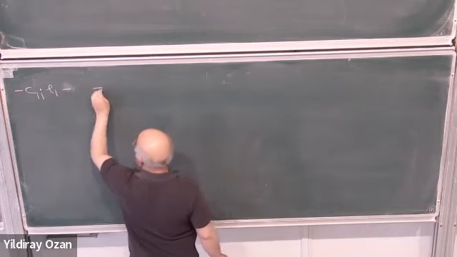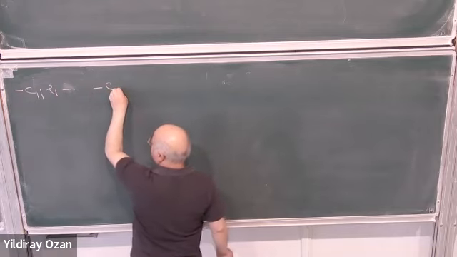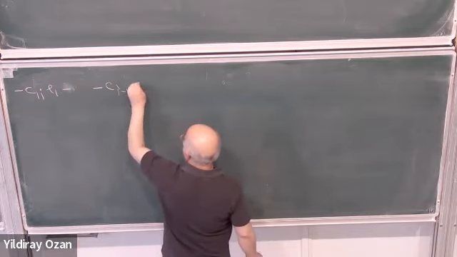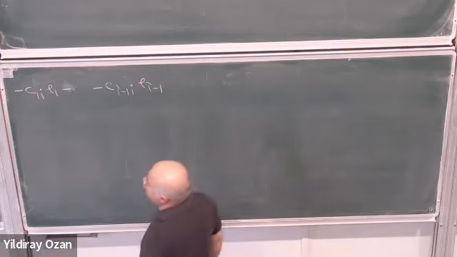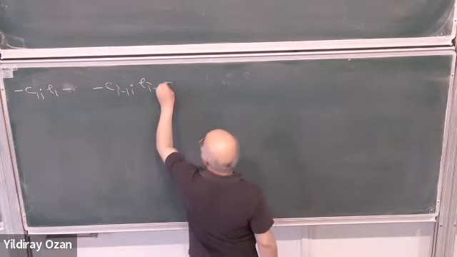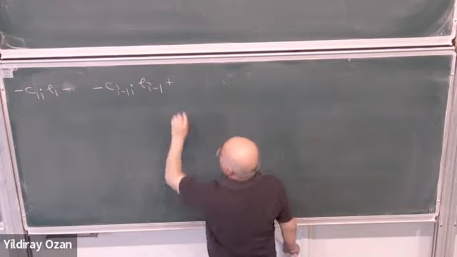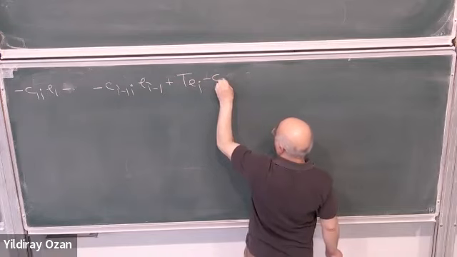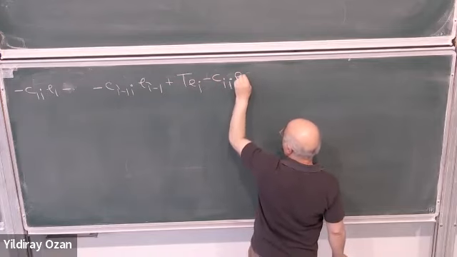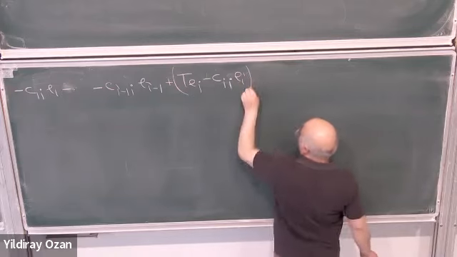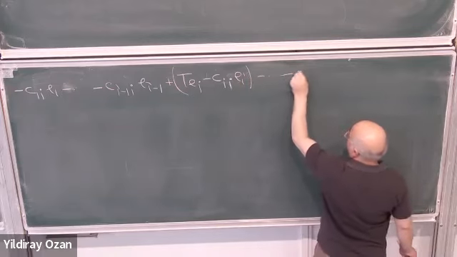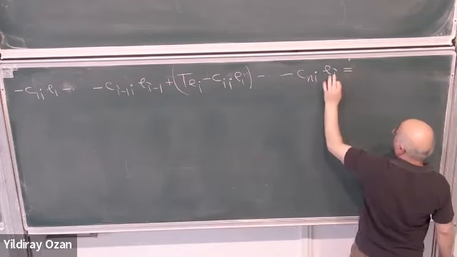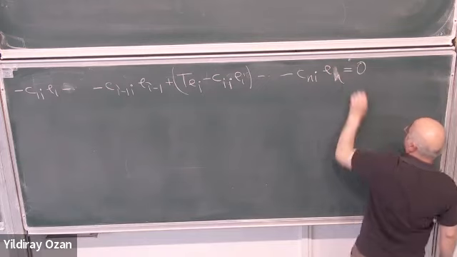Minus c_(i-1)i e_(i-1). Yes. And then plus T e_i minus c_ii e_i, and then minus up to c_ni e_n, and that is equal to 0.